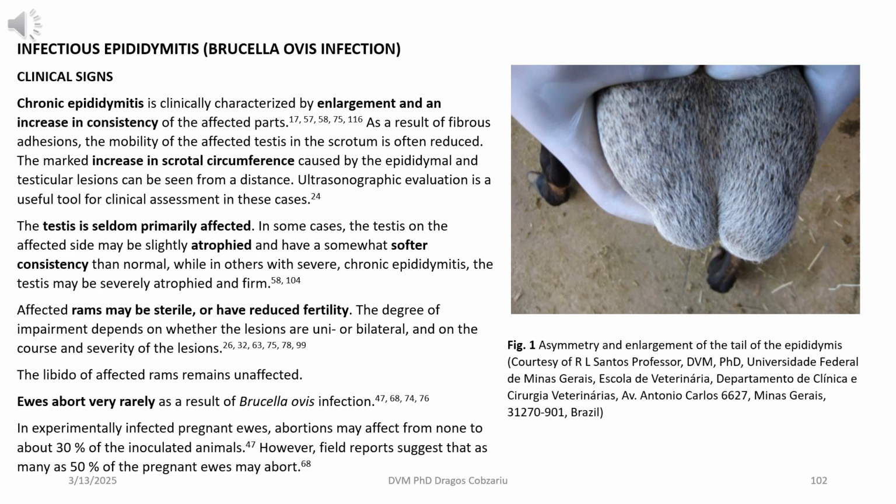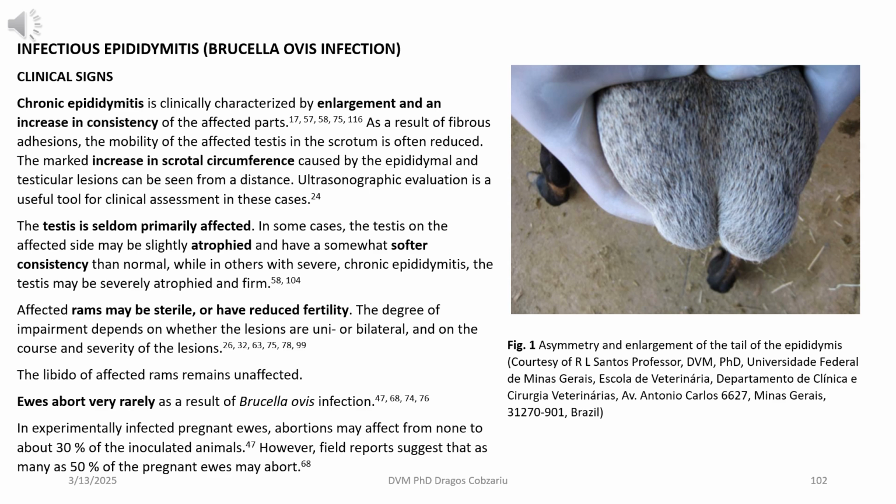Chronic epididymitis is clinically characterized by enlargement and an increase in consistency of the affected parts. As a result of fibrous adhesions, the mobility of the affected testis in the scrotum is often reduced. The marked increase in scrotal circumference caused by the epididymal and testicular lesions can be seen from a distance.